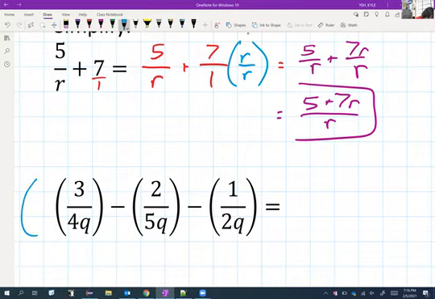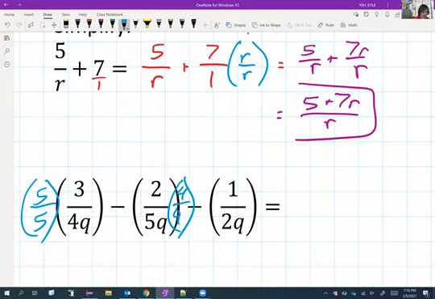To get them to 20, I'm going to multiply the first rational expression by 5 over 5. Gets me to 20q. The second one, I'm going to multiply by 4 over 4. Gets me to 20q on bottom. The third one, I'm going to multiply by 10 over 10.